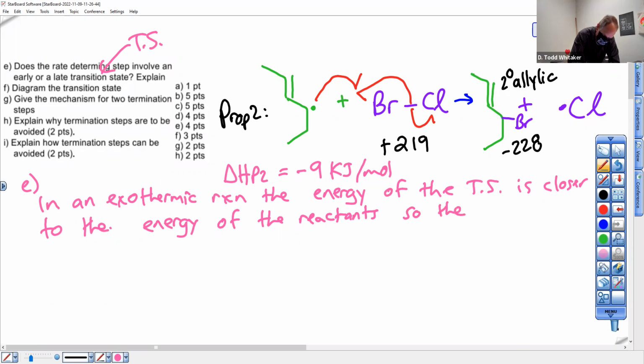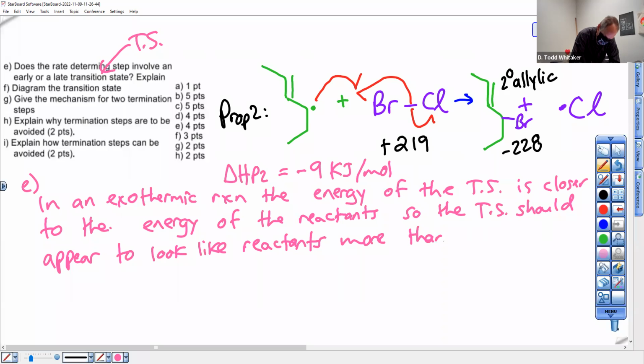So the TS should appear to look like energy reactants more than products. And what would you call that if you're looking like the beginning and not the end? I need to see the word early for a point. Early.